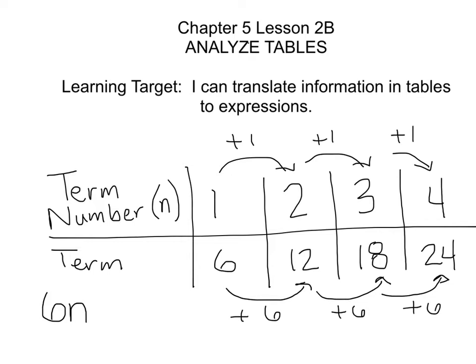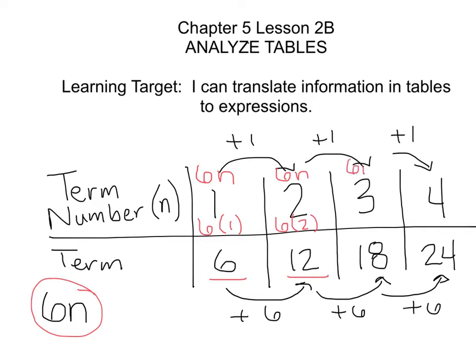Okay, let's look just a little bit further, and I'm going to change ink color here. So what we're meaning when we get this expression 6n is that 6 times 1 should give me the term. Again, my expression 6n, 6 times 2 should give me the term for the second term.